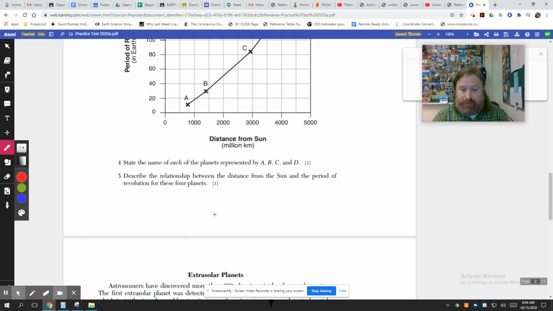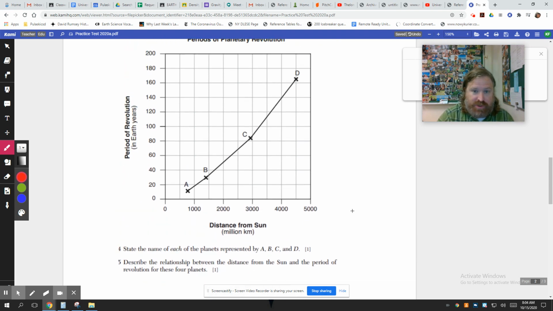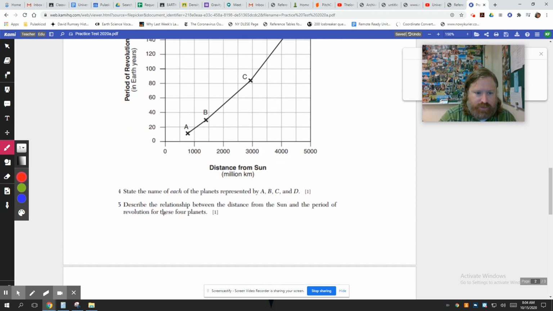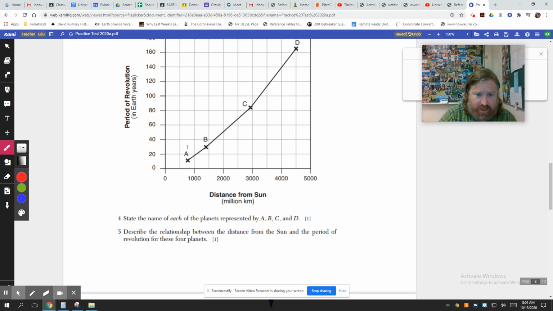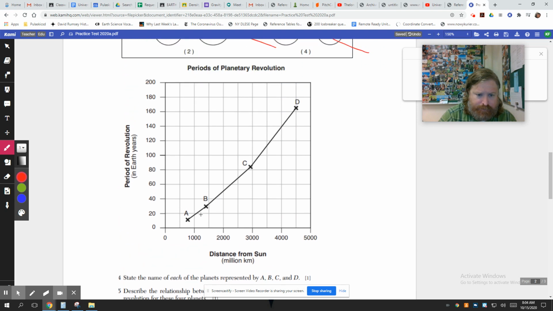All right, graph reading and answering non-multiple choice questions. Might be a first for this year. We'll see. State the name of each of the planets represented by A, B, C, and D. So we've got them by distance and period of revolution. This is that idea that as you go further away, it takes longer. We could probably do this almost just by distance.